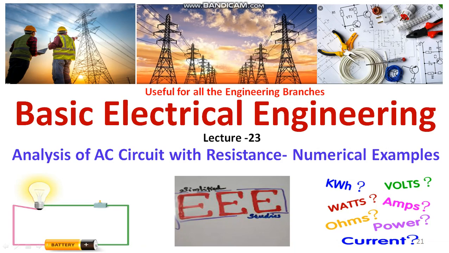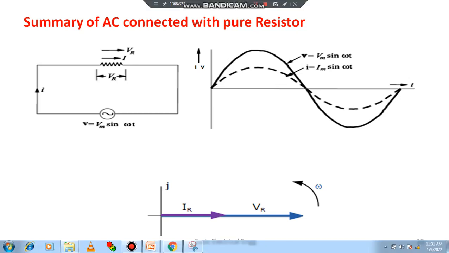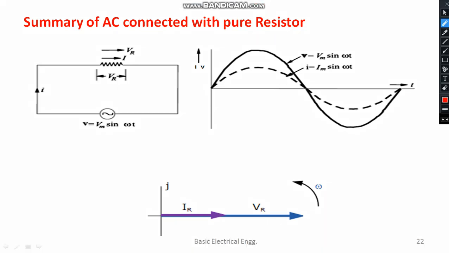In the last session I discussed the analysis of an AC circuit connected with a pure resistor, and we found that in an AC circuit with a pure resistive element, both the current and voltage are in the same phase. This can be represented with a phasor diagram. Here we represent the voltage across the resistor and IR, the current through the resistor.